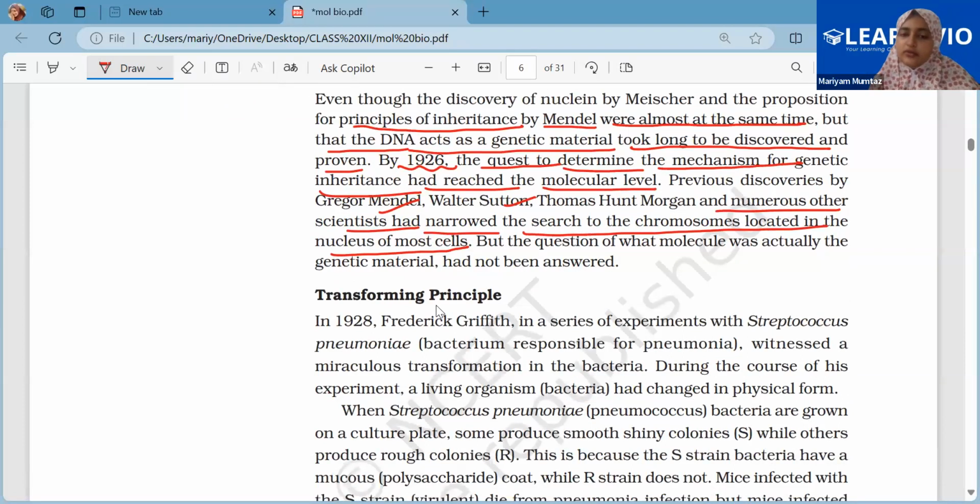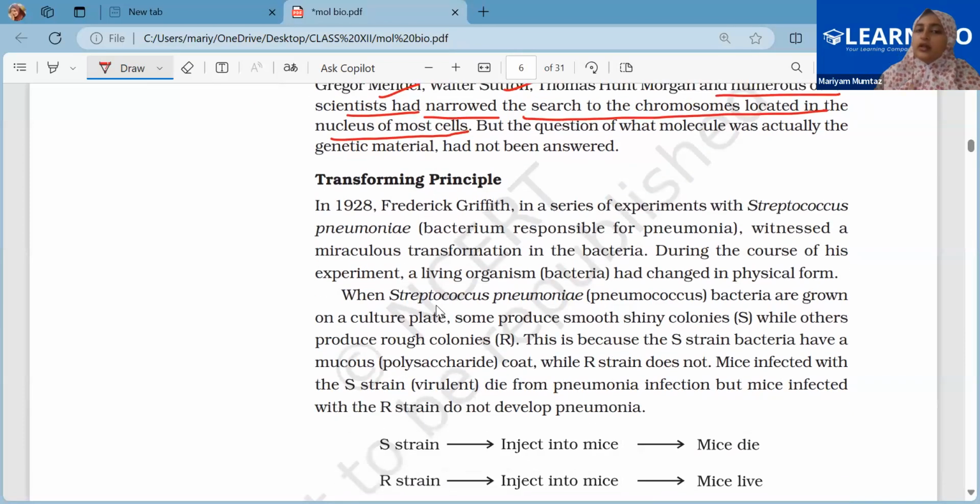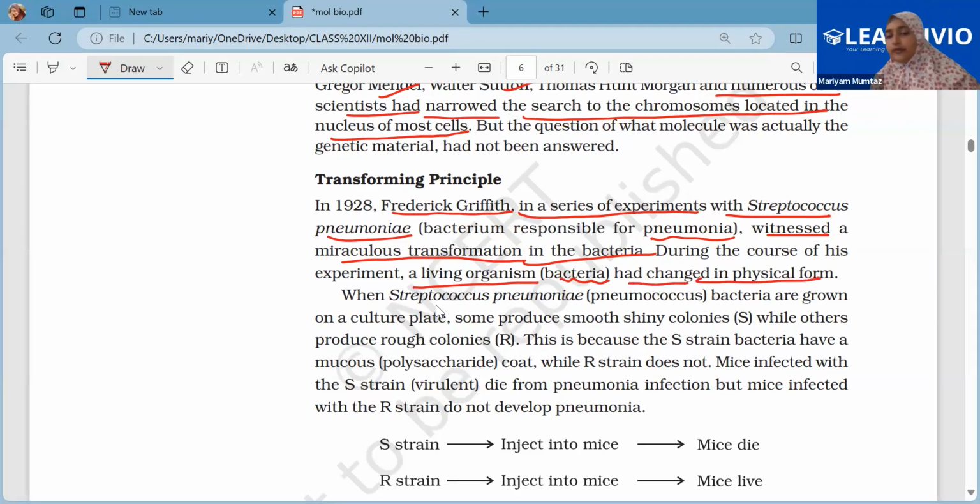Now talking about the transforming principle. In 1928, Frederick Griffith, in a series of experiments with Streptococcus pneumoniae, the bacteria that causes pneumonia, witnessed a miraculous transformation in bacteria. During the course of his experiment, a living organism, that is bacteria, had changed in physical form.